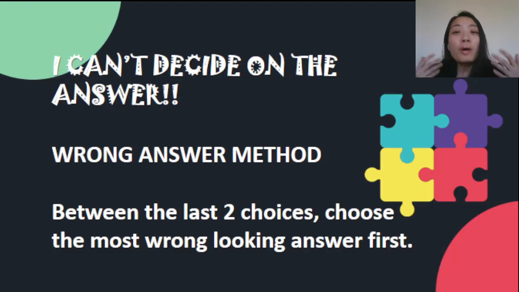Okay, what happens if you cannot decide on the answer? I would like to suggest this thing called the wrong answer method. This means that between the two options that you have in front of you, you choose the most wrong looking answer first. Alright? And that is the wrong one. Because it's always easier for us to point out something that is wrong than to point out something that is right.